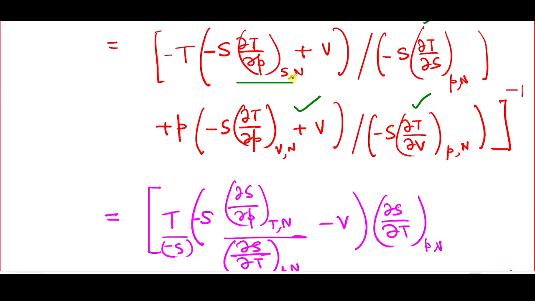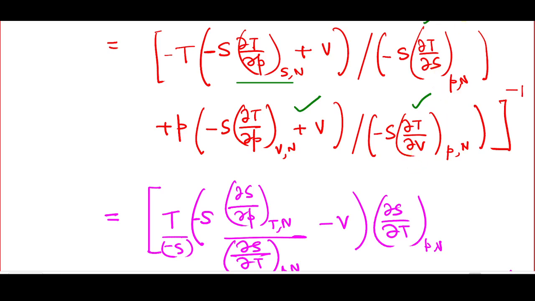Del T del P at constant S, N of course becomes del S del P at constant T, N by del S del T at constant P, N at the expense of a minus sign. But here what we have done is we have gotten rid of this minus sign in expense of this. Of course, this minus sign has been brought in to make this plus to begin with and this one minus, and the minus sign from the partial derivative formula comes in here and you have a minus V.